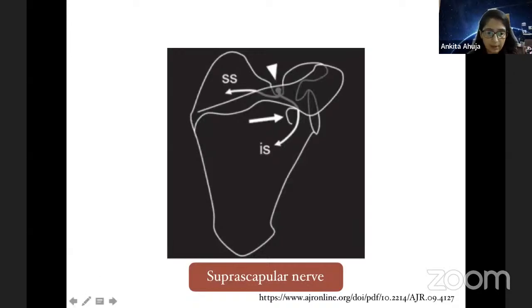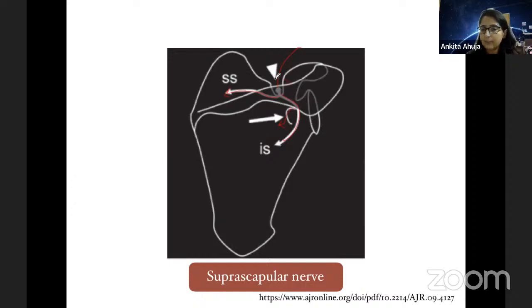So just to sum up a little bit about denervation in the shoulder, the most common location is your suprascapular nerve. So suprascapular nerve comes into the suprascapular notch and it gives a branch to supraspinatus, and then it traverses further down and then it gives a branch to the infraspinatus, right, in the spinoglenoid notch.